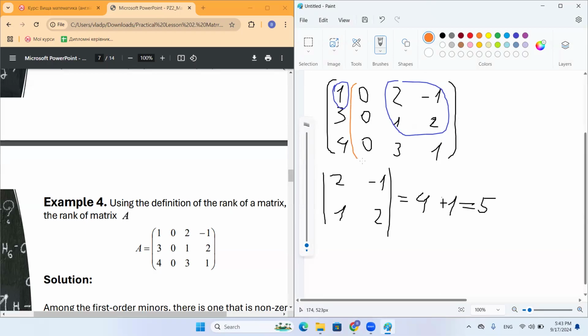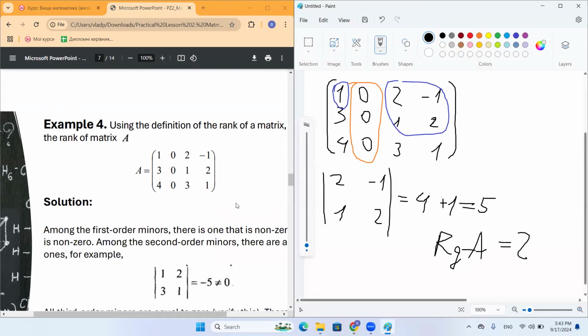So just remember such a property of the determinant: if one column or one row of the determinant contains only zeros, the determinant equals 0. Correct. So the rank of matrix A equals 2.